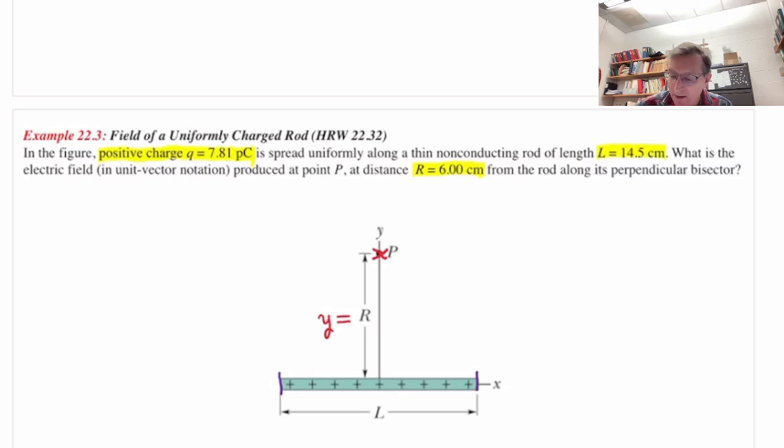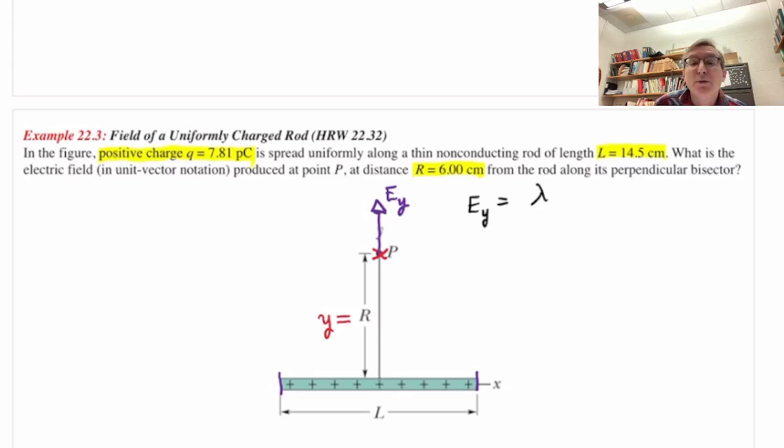And the symmetry argument taught us that the electric field vector we're going to get at the point P, because it's on the perpendicular bisector of this positively charged rod, is straight up the y-axis and has a y component only. And I obtained a formula for calculating that y component of the electric field at point P, and it looked like this.